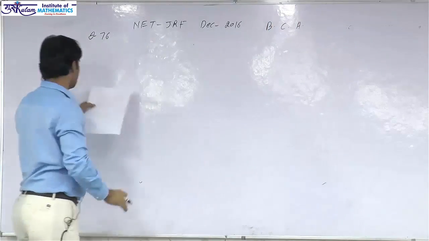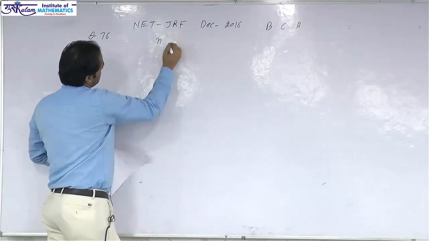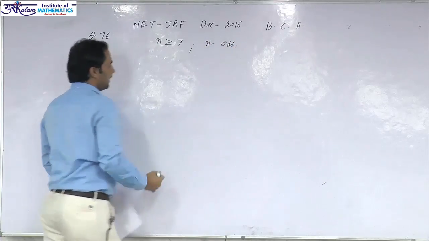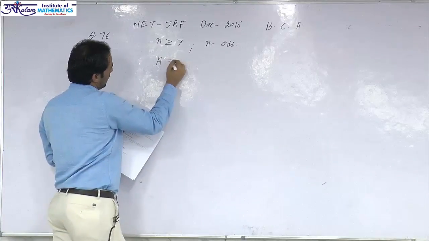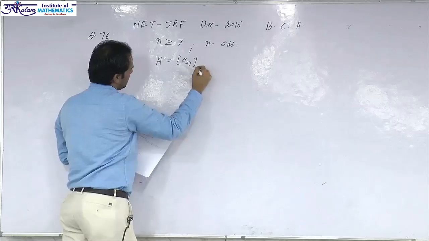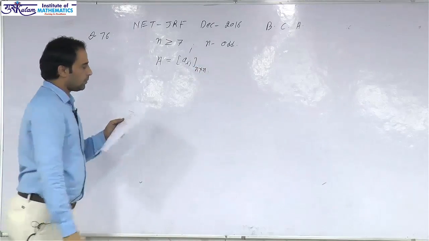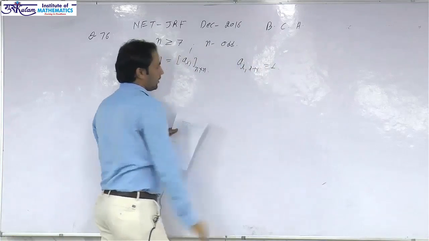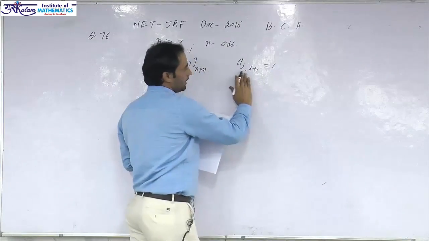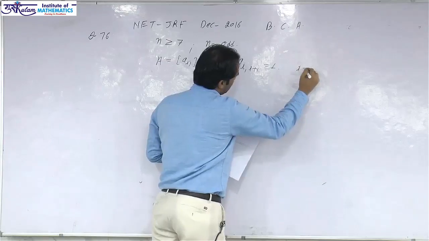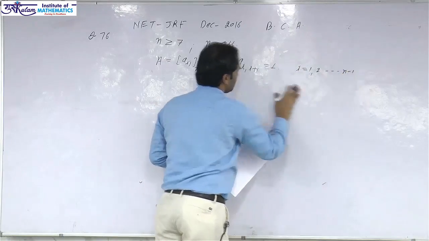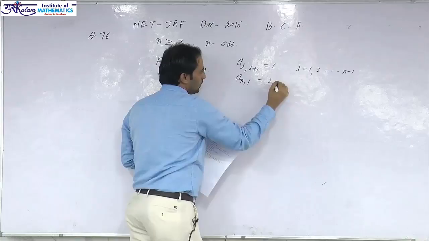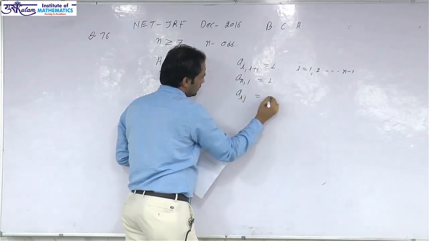So question number 76: if n is greater than or equal to 7, an odd natural number, and A is an n cross n matrix, A = (a_ij), with the properties that a_{i,i+1} is 1, where i varies from 1 up to n minus 1, and a_{n,1} is 1, and a_ij is 0 otherwise.